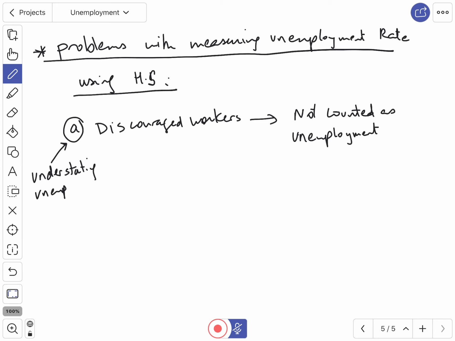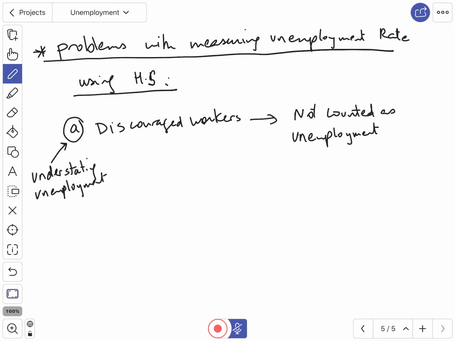They are supposed to be in the unemployment rate, however they are not counted. So if I see the unemployment rate as being, for example, 7%, it is actually understating. It is supposed to be, for example, 9%, because there are, let's say, 500,000 people discouraged and they are not counted as being unemployed.